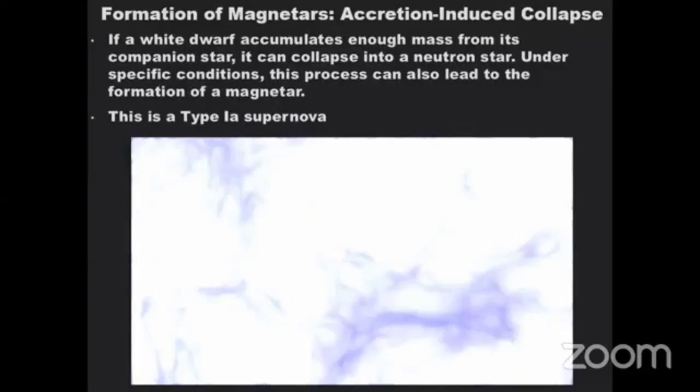As it accumulates this matter, the mass is increasing. It increases to such a point that it will be way above the Chandrasekhar limit. It explodes as a type 1a supernova to become a neutron star, which would ultimately become a magnetar. So that is from accretion-induced collapse.